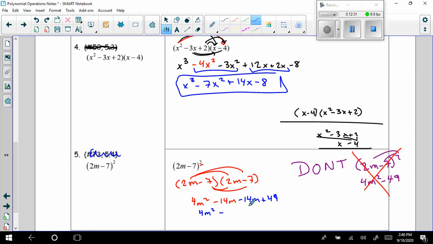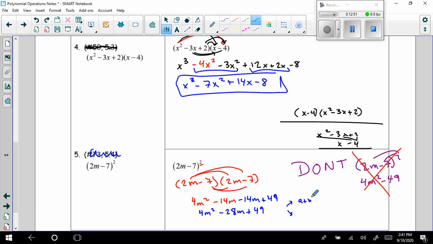We're going to have double this middle term, and then we're going to have the last term, or the second term, squared. All right. So that's what we call a perfect square trinomial, and it will, again, always form that same pattern.